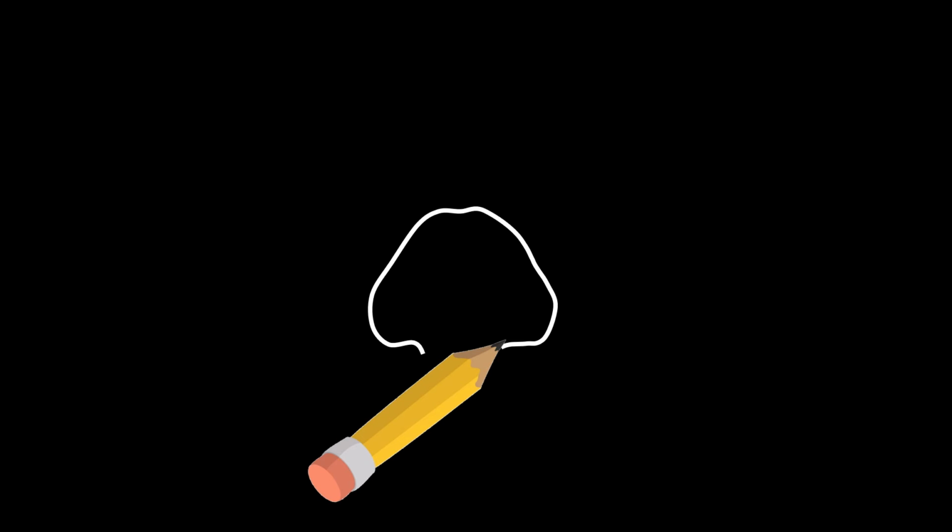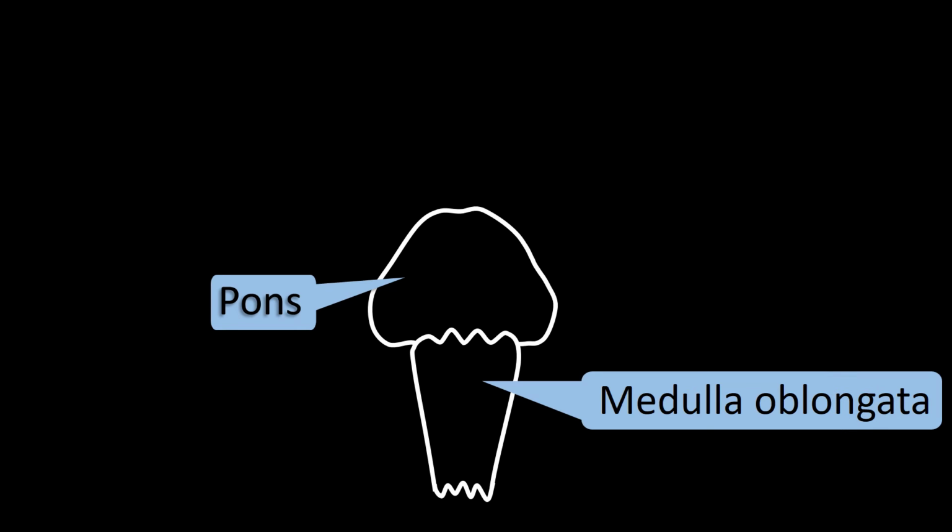Then make a little dip and start mimicking the figure on the other side until you reach just about the same level as you started. Then just go around it towards the middle again, and we have drawn the pons, which I have incorporated to the medulla in this frame.